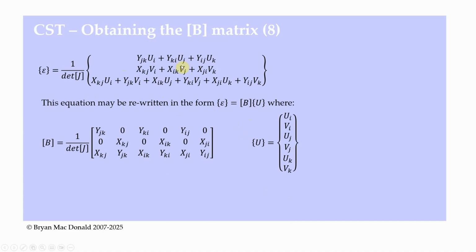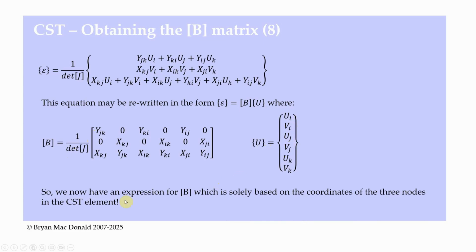Okay, so my strain is the B matrix, which is 1 over the determinant of the Jacobian, the various coordinates of the nodes of the element, and my U vector is my nodal displacement vector, which is a list of the displacement of each of the nodes. So we now have an expression for B, which is solely based on the coordinates of the 3 nodes in the constant strain triangle element.